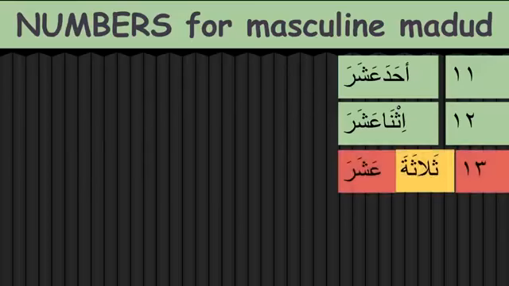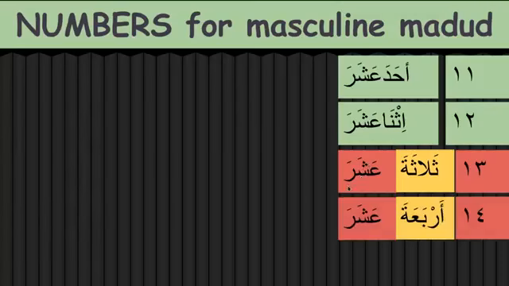Coming to 13, here is where things change. From 3 to 10 we have different characteristics, and from 13 it's the same characteristics here. The first number, thalathata, will be used for a masculine ma'dud, and ashara will remain ashara. So we have two characteristics here.